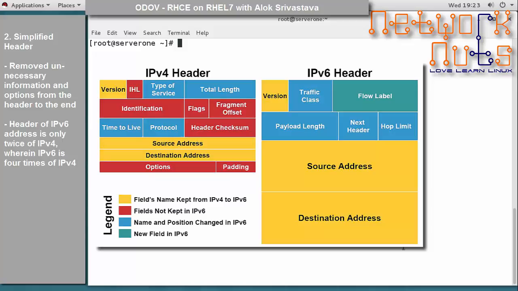The header of IPv6 is only twice the size of IPv4. You can imagine this: the IPv6 address space is 4 times that of IPv4, but the header is only twice. So you can imagine that they have really cut down on the header part.